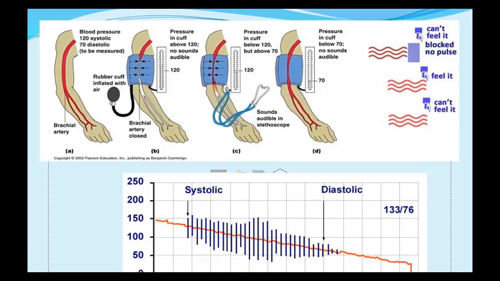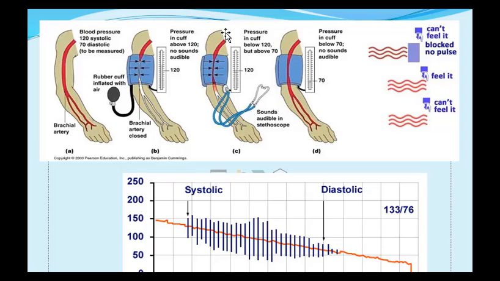Okay, this is another illustration to explain that. If the artery collapses, you can't feel it. There's no pulse, you cannot hear any sound. Then pressure in the cuff above 120, no sounds audible if you reach the maximum output of the heart.